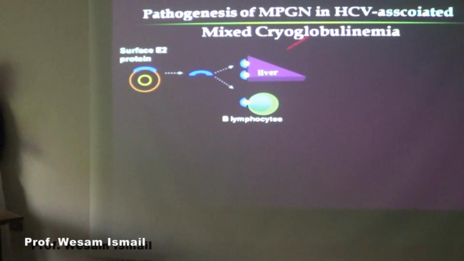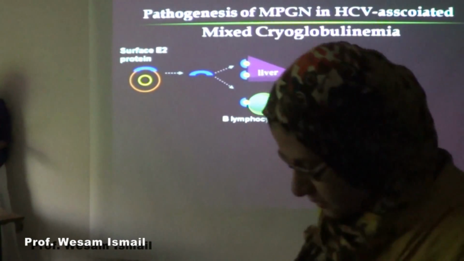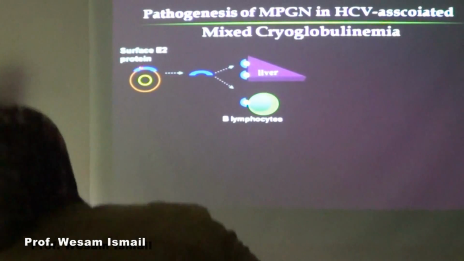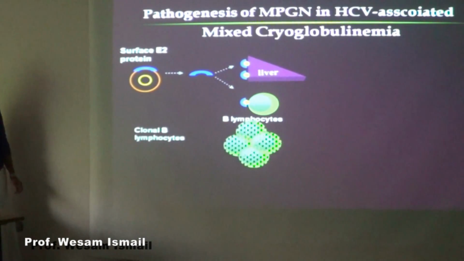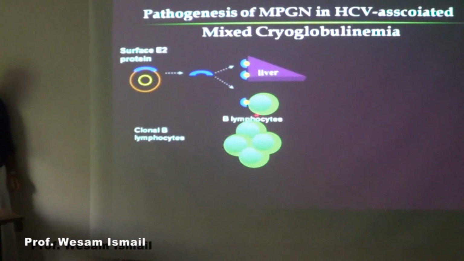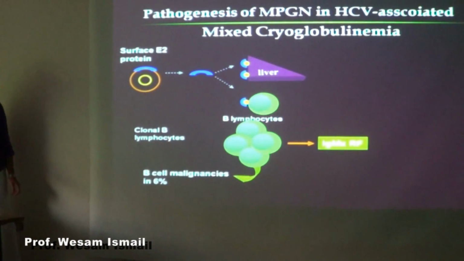So what is the pathogenesis? How do we end up injuring the kidney? This is the hepatitis C virus, this is the surface E2 protein. Of course, this virus is hepatotropic, but I also hope you know that it is highly lymphotropic as well, especially to B lymphocytes. And because of this capacity, you get what we call clonal B lymphocytic proliferation as a result of the infection of the B lymphocytes with HCV.